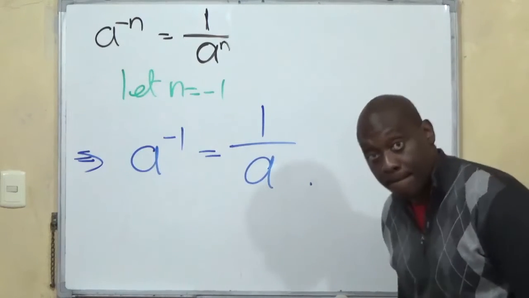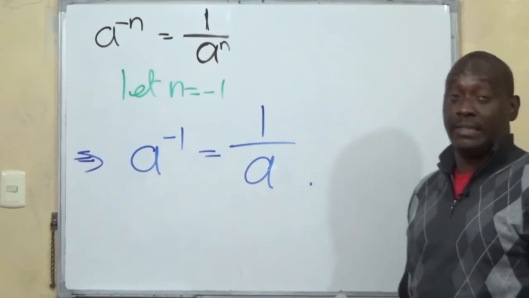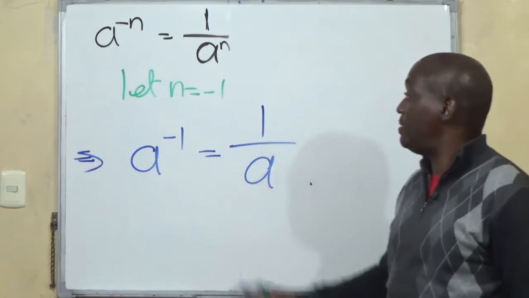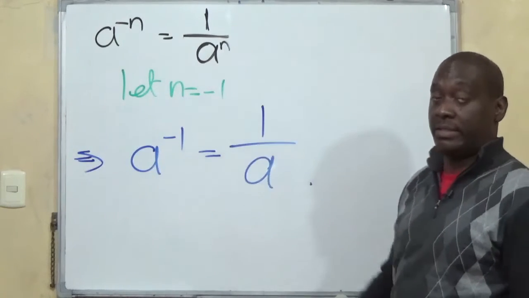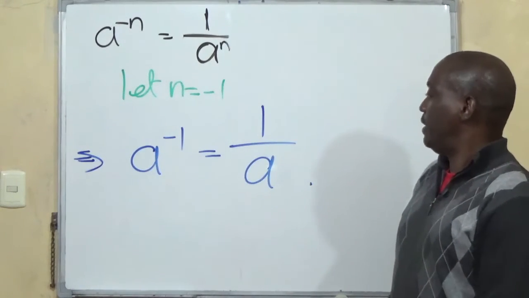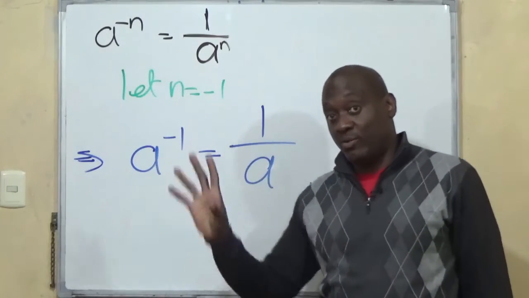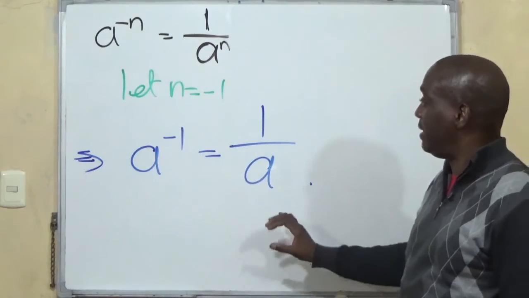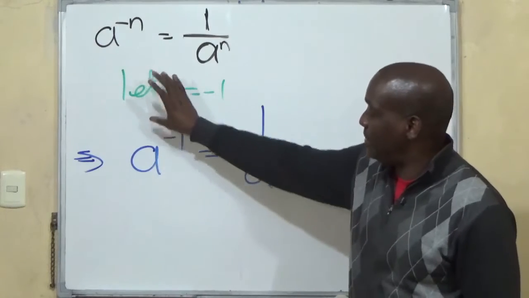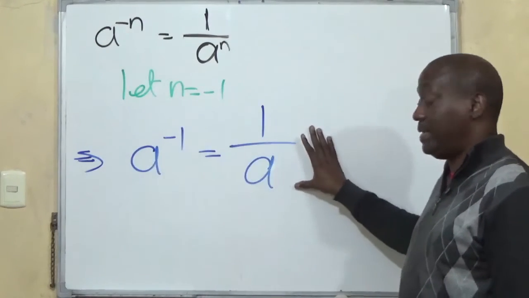Yeah? That is it. So we introduced the rule in rule 8 in my series. Now we added a little addendum, an appendix, so to speak, to rule 8, which is to say, when we let n equal minus 1, this is what we end up with.